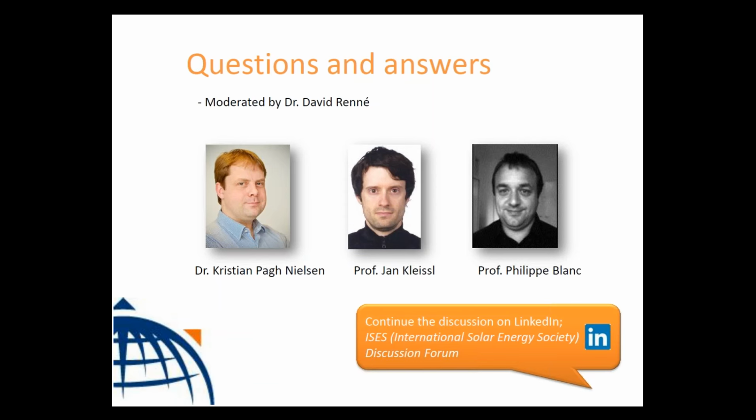Yes, not a lot, because I have not been intimately involved with that. But I would Google the German grid code. There's a public document that describes exactly what inverters can do and what they should do.